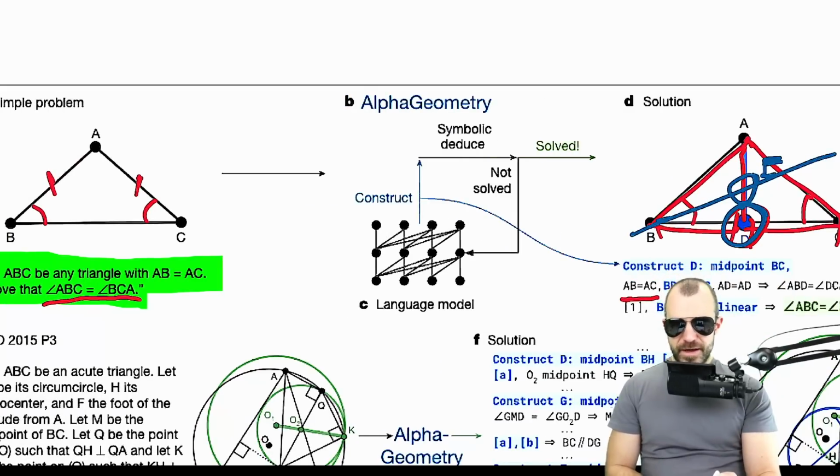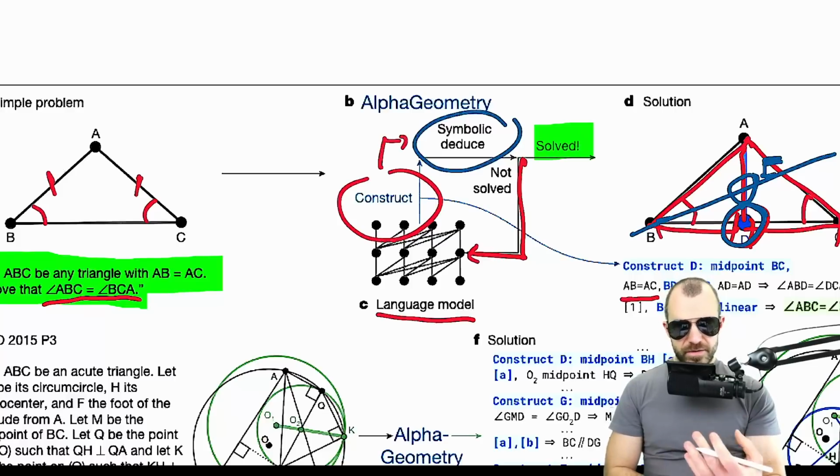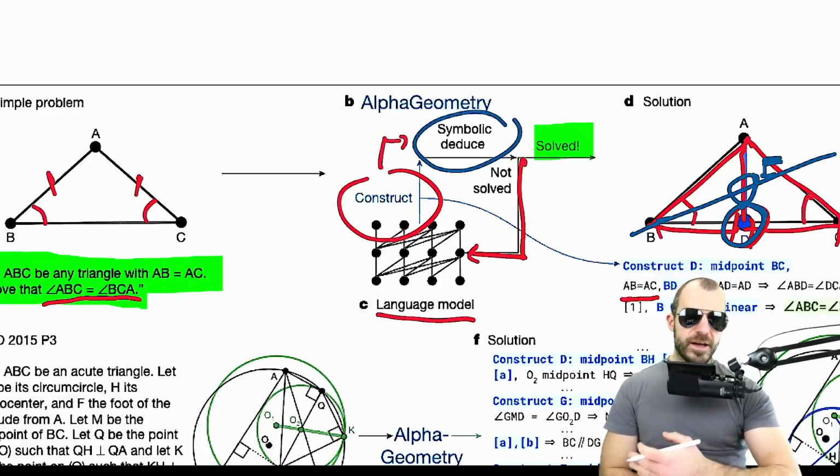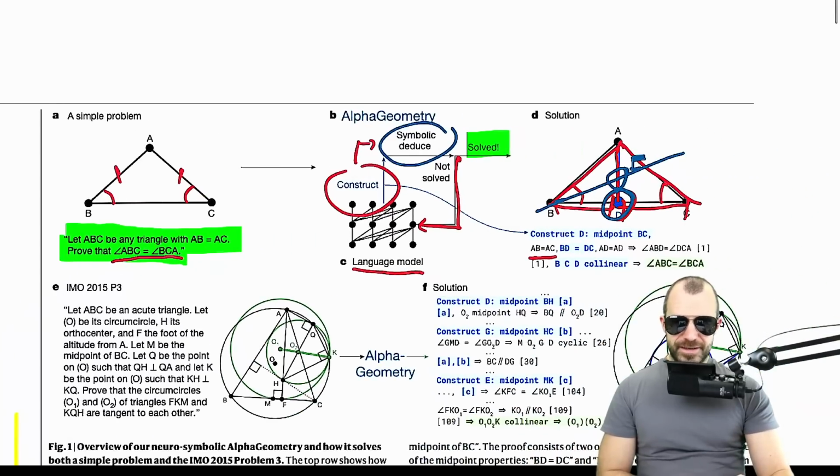You have a symbolic deduction. If it is solved, all good. If it is not solved, go here, ask the language model, what extra thing should I introduce into the construction? Give it again to the symbolic deduction engine, and repeat until solved. You'll already see this.